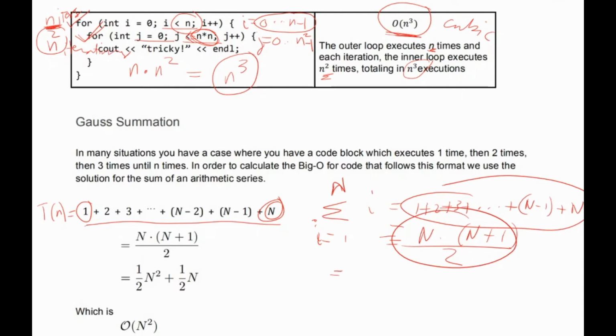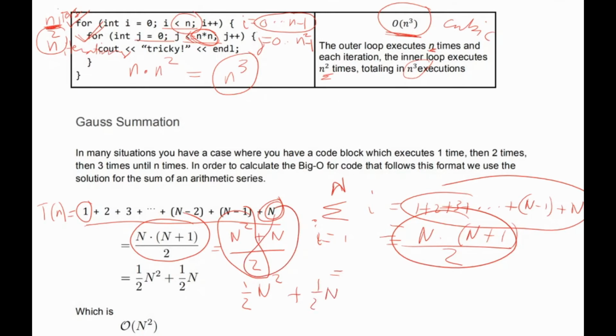Now, if we perform algebraic manipulation on this expression, meaning we want to separate this into two terms, then that is simply n squared plus n over 2, right? Which is simply 1/2 n squared, this one, plus this one, 1/2 of n.